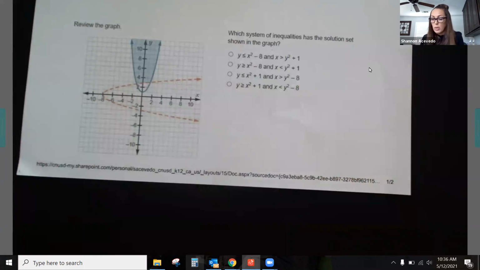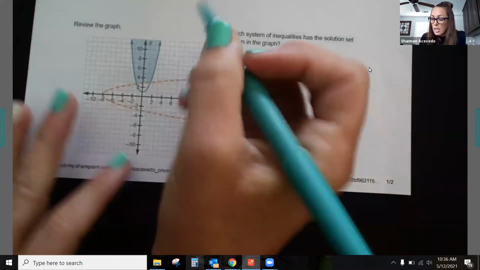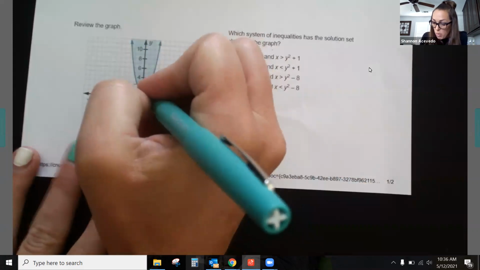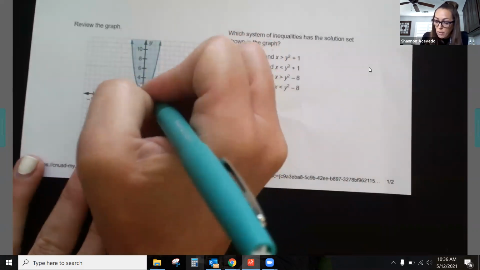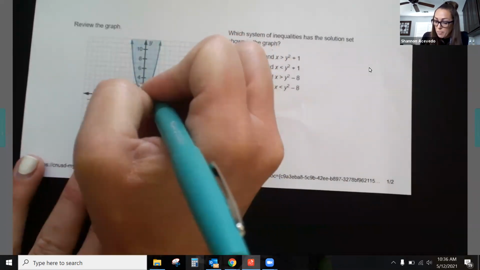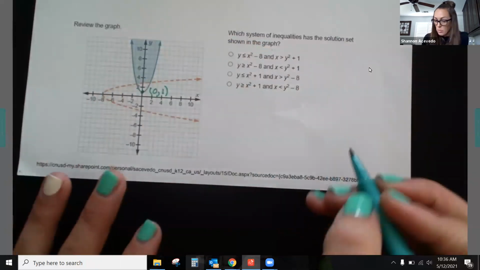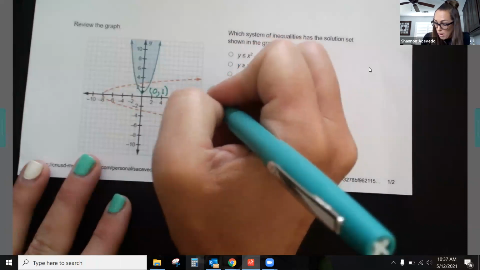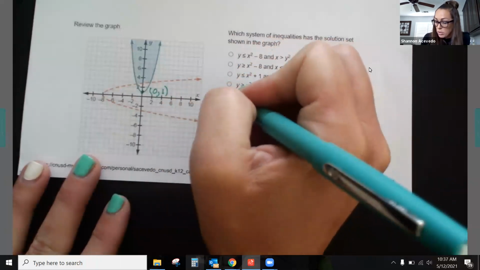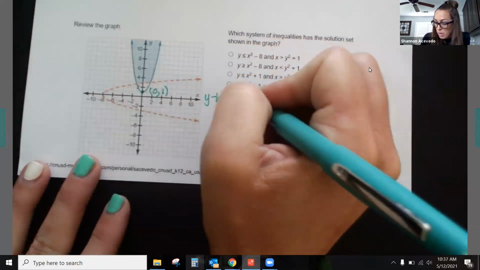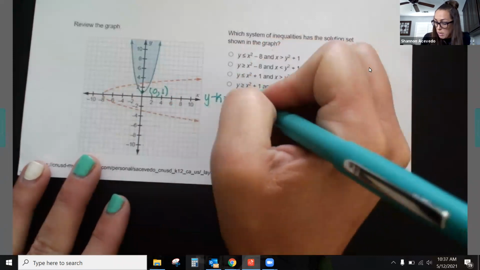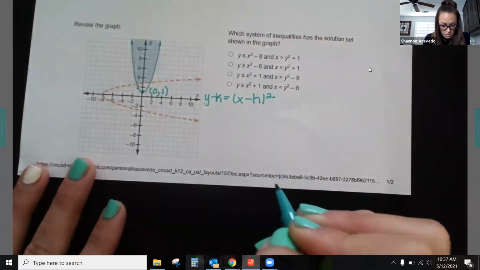So first thing I would do is look at the vertex of each one. This one opens up and down, so this would be a y equals equation. My vertex for this is going to be 0, 1. So if I was to look at what this would look like, I would have y minus k is equal to some x minus h squared.